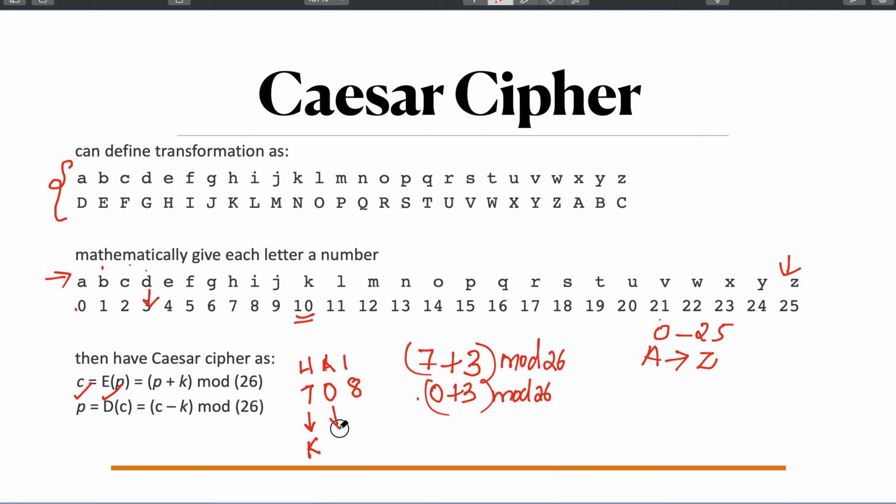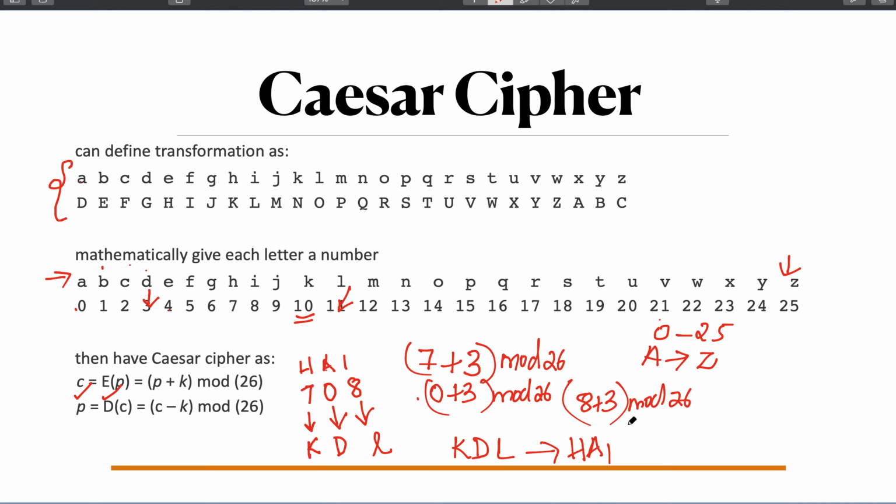So A is replaced by the ciphertext D. Now it is I, which is 8 plus 3 mod 26. 8 plus 3 is 11. 11 mod 26 is 11 itself. The letter corresponding to the number 11 is L. So I is replaced by L. So we got the ciphertext KDL for the plain text HAI.